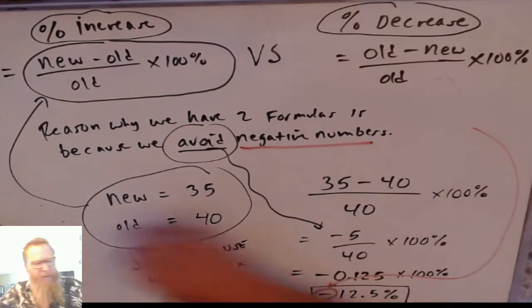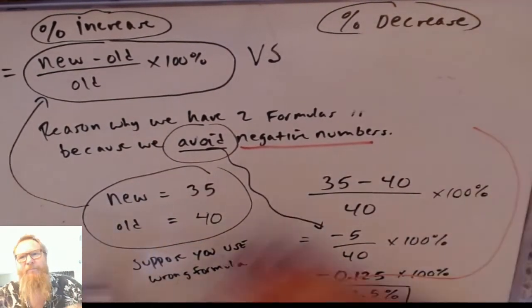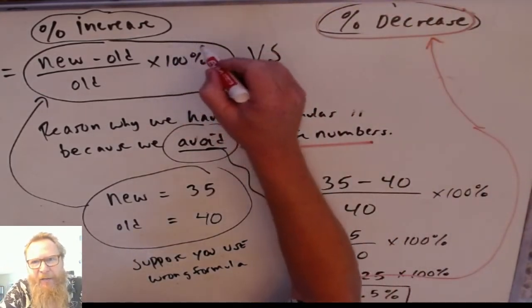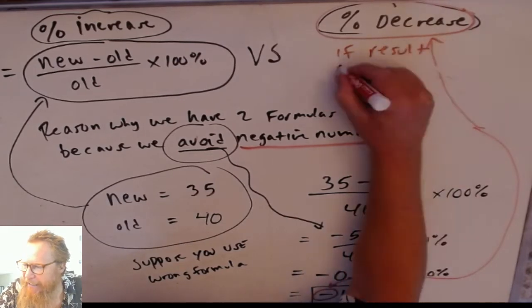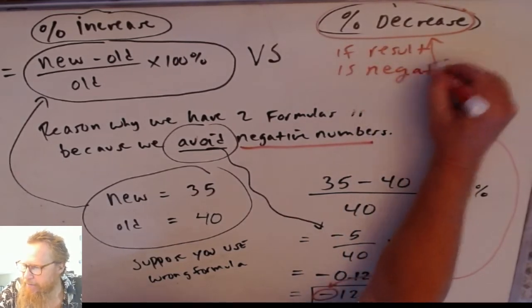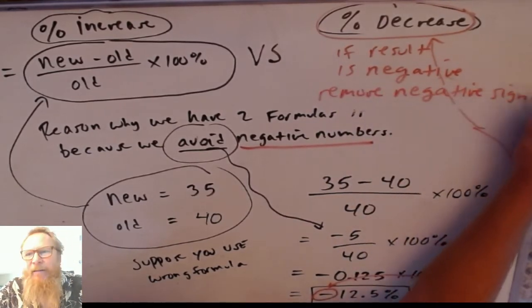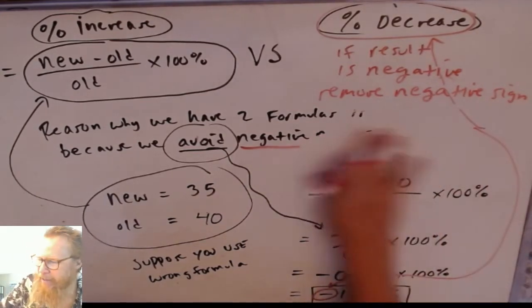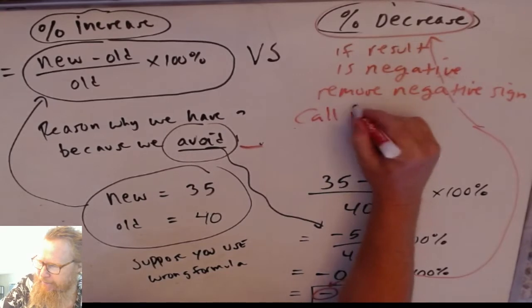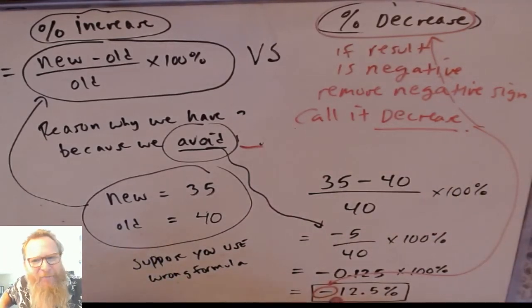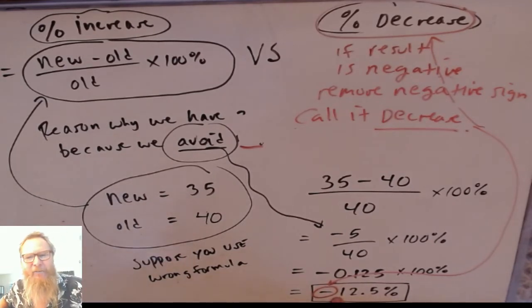You can just forget about this formula and just use the same formula for both. If the result is negative, remove the negative sign, or ignore it, and call it a decrease. So you don't say it decreased by negative 12.5, and you also don't say it increased by negative 12.5.